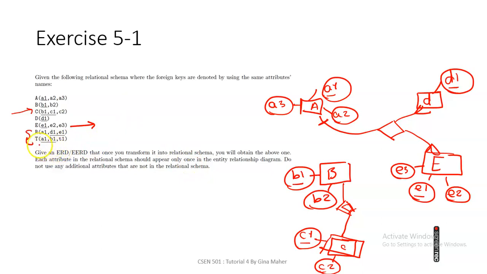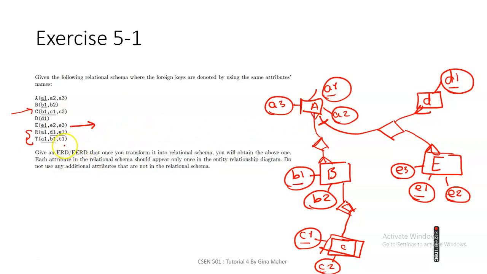Here we have a relation called T, because the primary key consists of A1 and B1, where both were shown before in the previous relations. So this is a relation between A and B. The primary key is the key of both A and B, which means that both are many-sided.